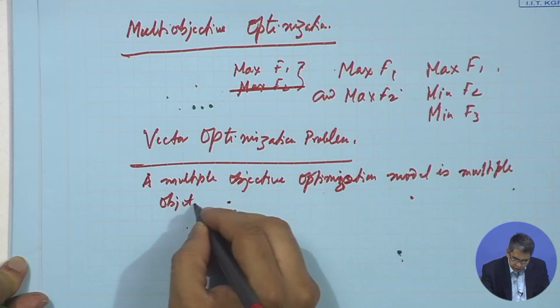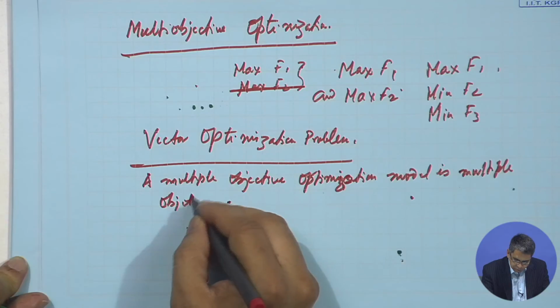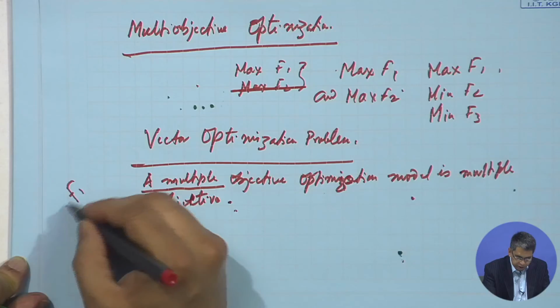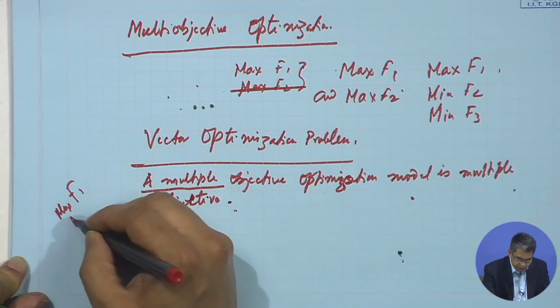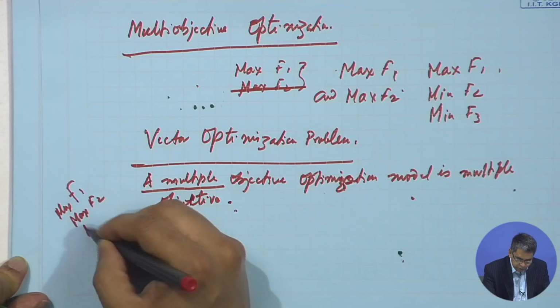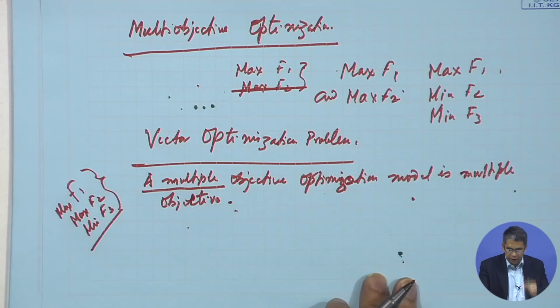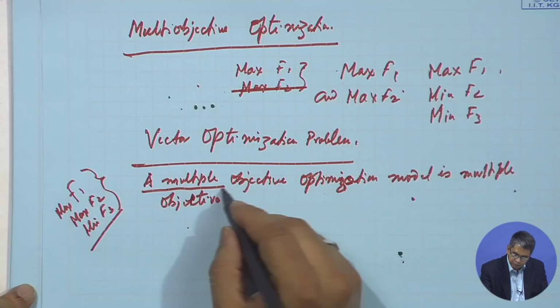What I am trying to say is that you might have f1, maximize f1, maximize f2, minimize f3, and you can say, okay, there is more than one objective function, and should I call it a multiple objective optimization?